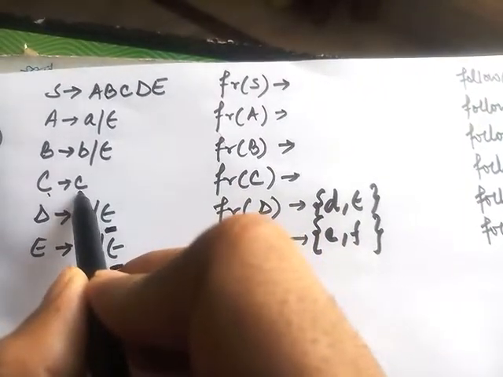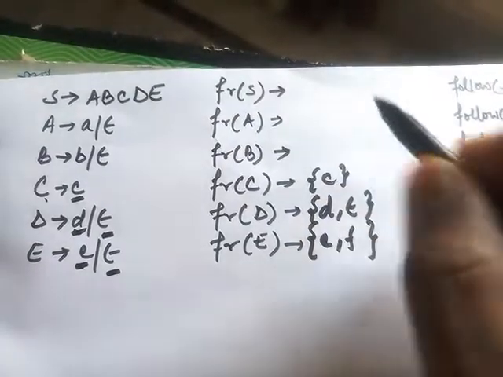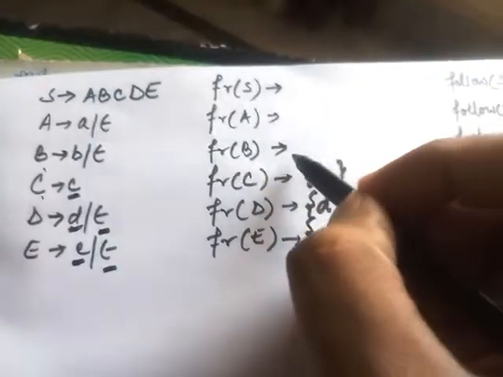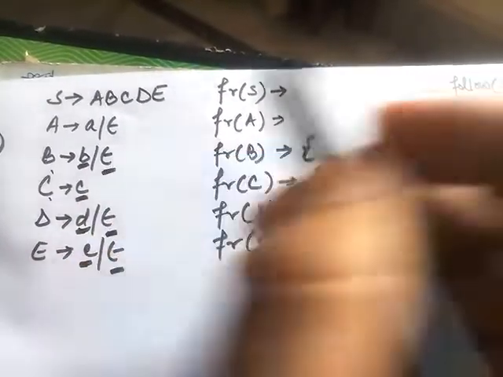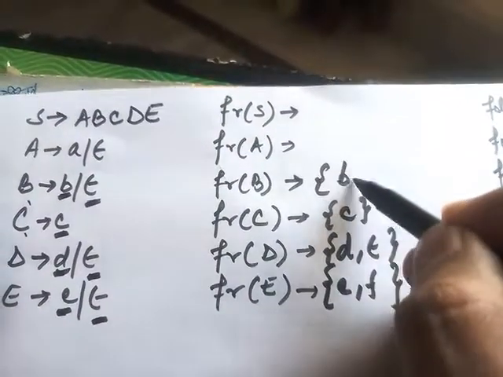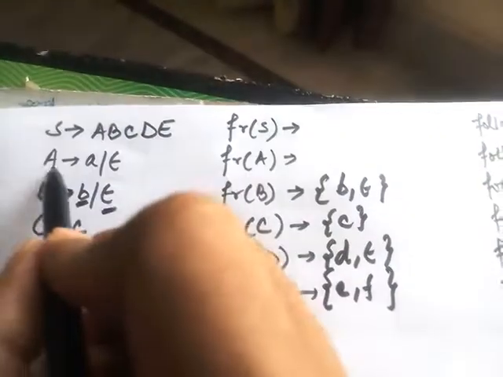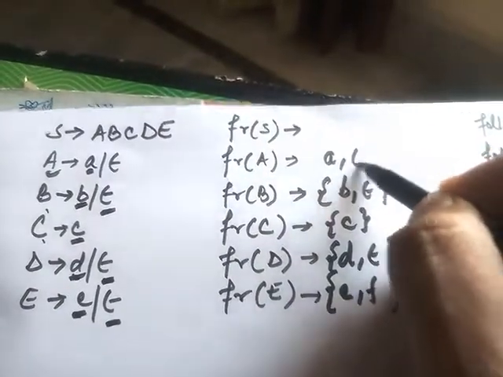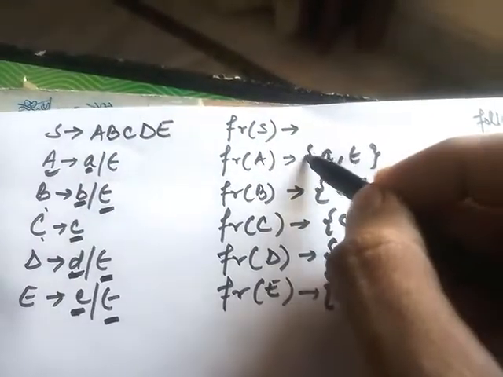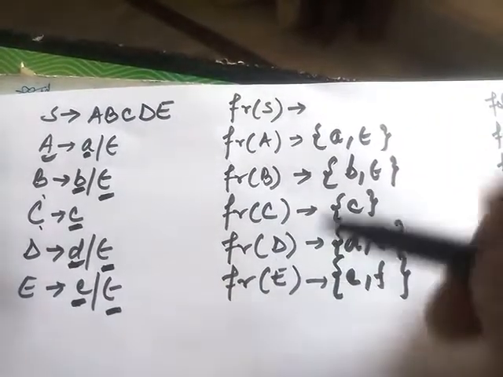C generates only small c, so this is the first of C. What is first of B? B generates small b and epsilon. What is first of A? This is small a and epsilon. So up to this we have found the first of all A, B, C, D, E.